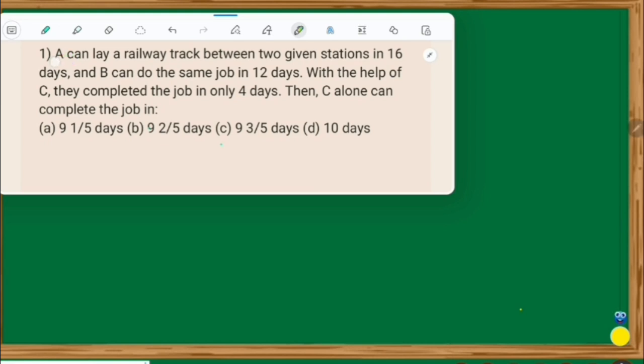Here A, B and C complete the work in 4 days. That means 1 day's work of A, B and C is 1/4.